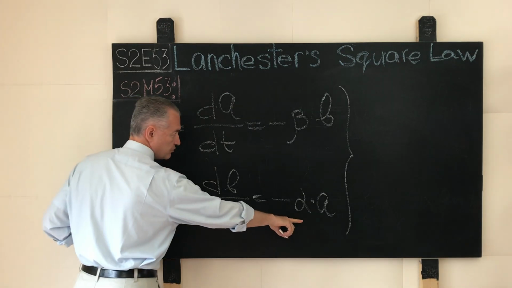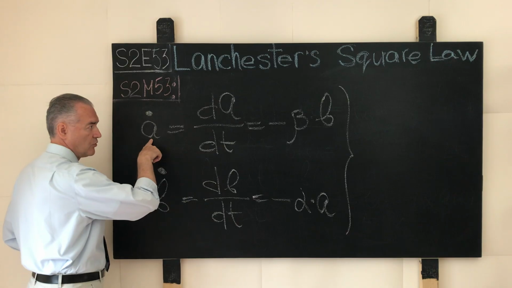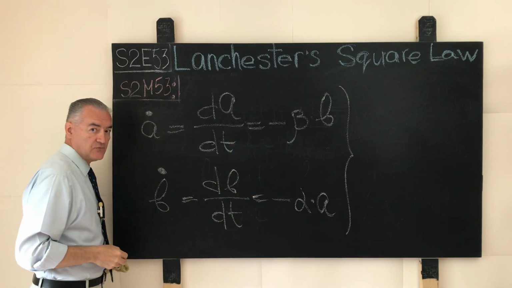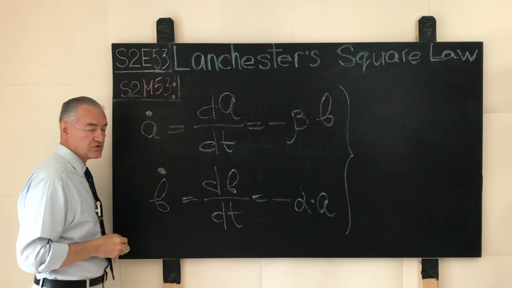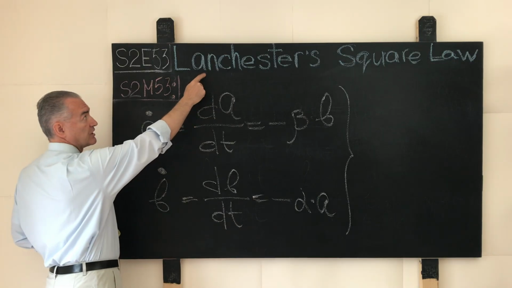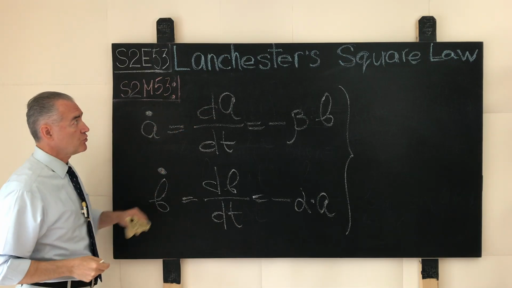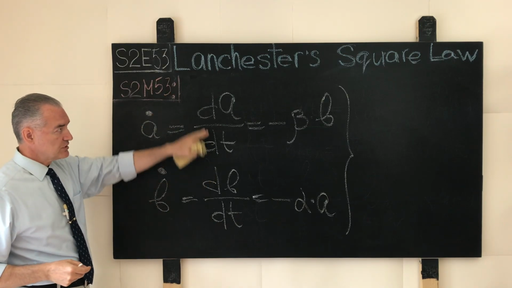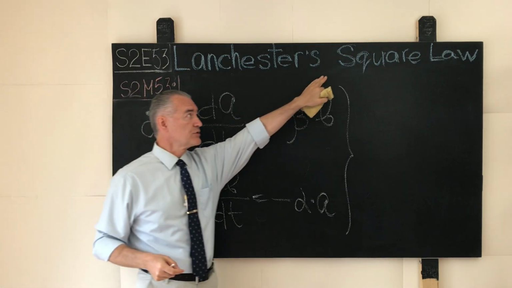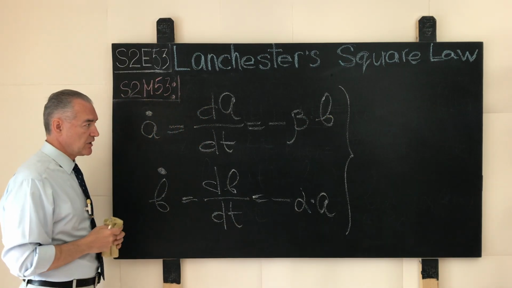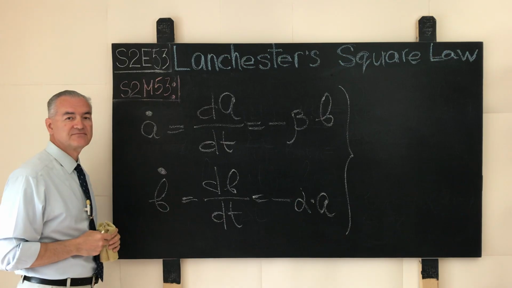That is equal to this expression. This system of linear ordinary differential equations of order 1 is precisely what is called the Lanchester Square Law. And where does the word square come from? Well, this will become evident in a few seconds.